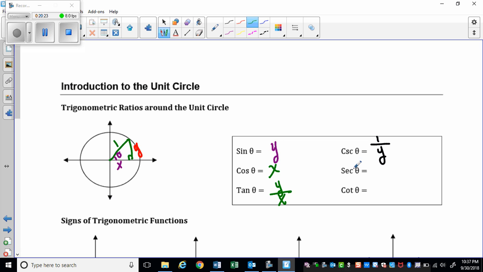Cosine's reciprocal is secant. So if this is x, then secant is 1 over x. Tangent's reciprocal is called cotangent, which is x over y. If this is y over x, this is x over y.